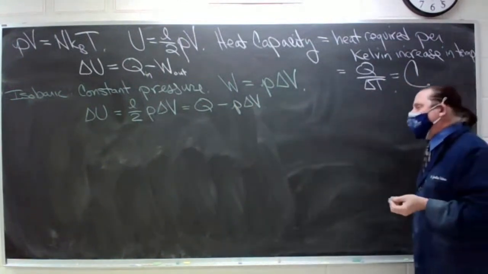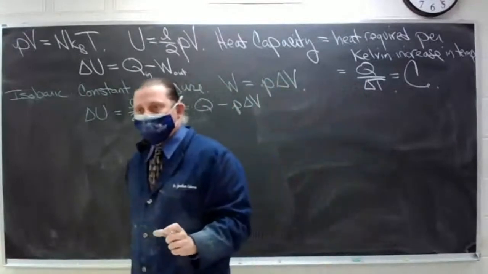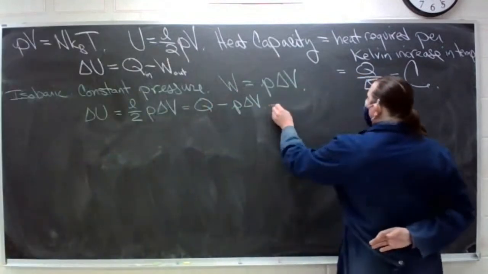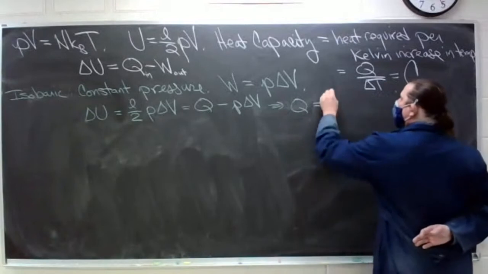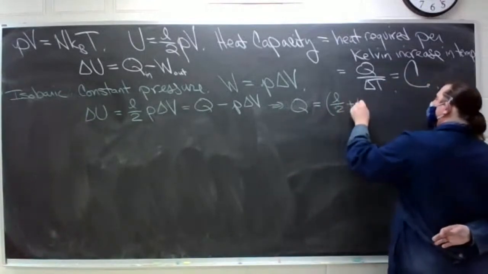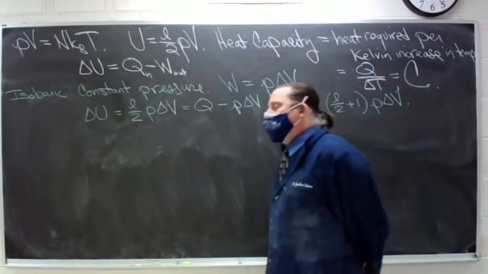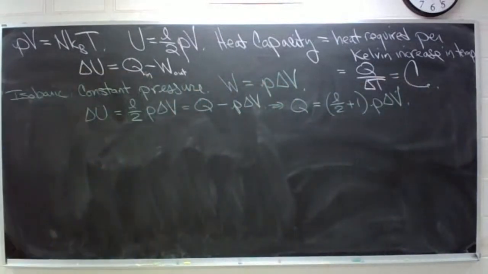So that means that the heat absorbed in an isobaric expansion is equal to L over 2 plus 1 pressure times the change in volume.